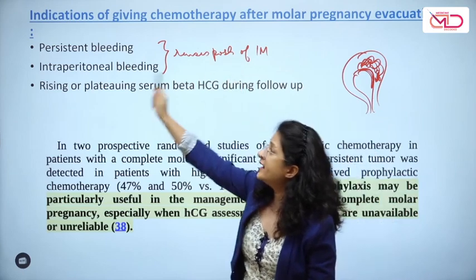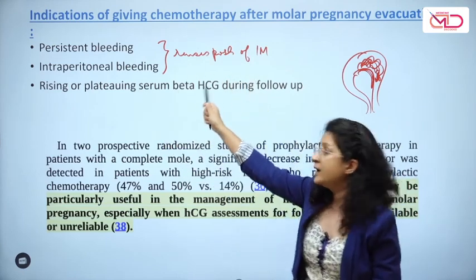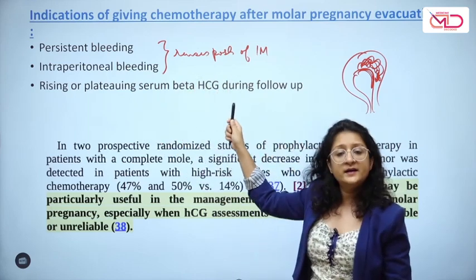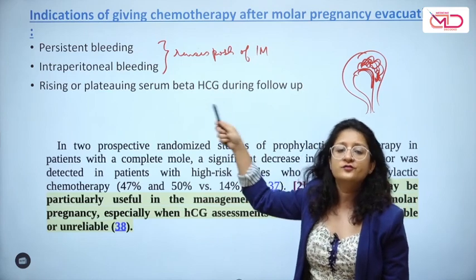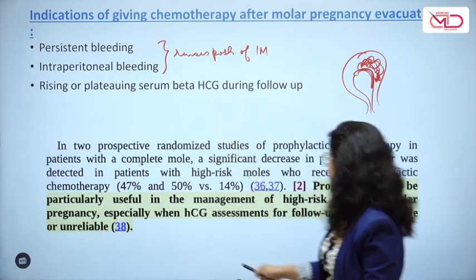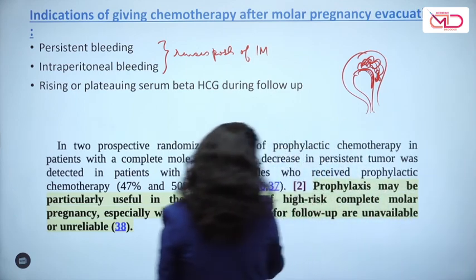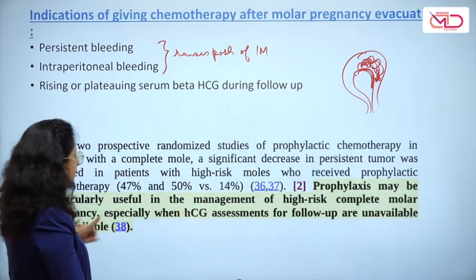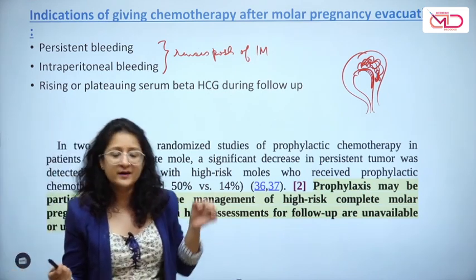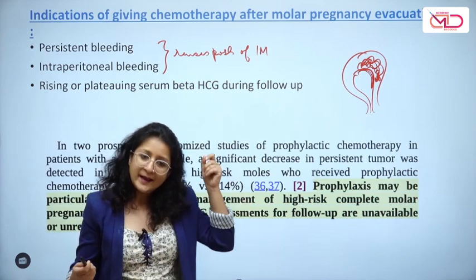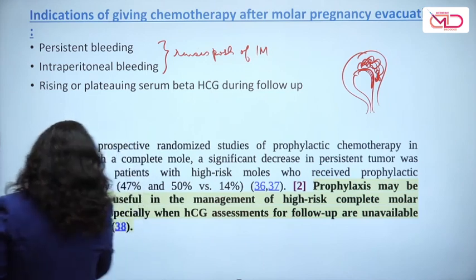Another, intraperitoneal bleeding, raising the possibility of invasive mole. A rising or plateauing serum beta HCG on follow-up, again raising the possibility of gestational trophoblastic neoplasia. Another indication, high risk complete mole, especially when the HCG assessment for follow-up is unreliable or unavailable. Then it is justified. So remember, indicated post-evacuation chemotherapy is what is recommended now.